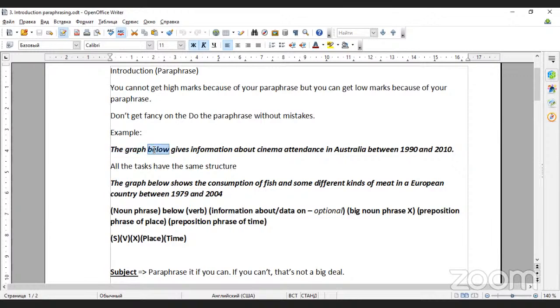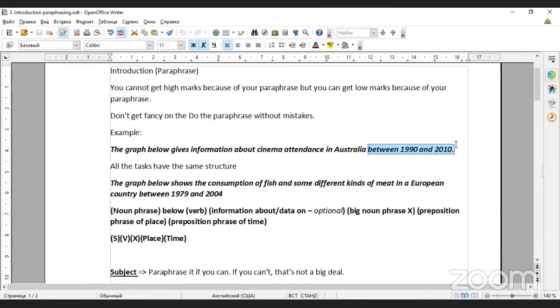It's not below anymore when you write your actual description. So just forget about it. And then there is a verb like shows, indicates, sometimes gives, sometimes it says information about or data on, not always. And then there is this noun phrase that we discussed, like chicken consumption, cinema attendance, electricity generation. And then there is a phrase of place, like in Australia, and a phrase of time, for example, between 1990 and 2010.